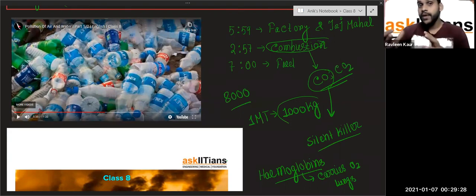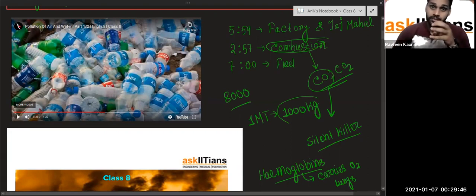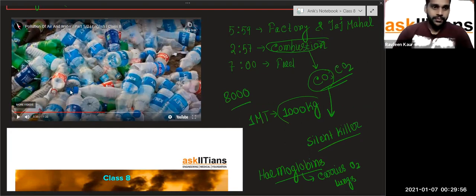For that reason, you would die within half an hour or a few hours, and you would not be able to know what is happening with you. So for that reason, we call it the silent killer. This is what can happen to you. I think you can understand the main reason why we are reading this chapter, isn't it? Now, let's continue.